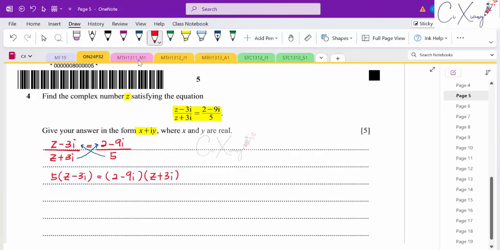So I want to actually make the denominator disappear. So that's why I cross multiply it. Okay, so there's one common mistake that a student might do here. When they look at this one, z minus 3i and also z plus 3i, I think some of them tend to rationalize it by using z minus 3i and also z minus 3i.